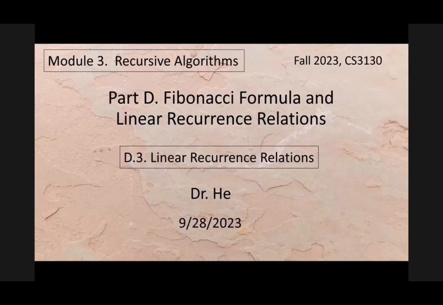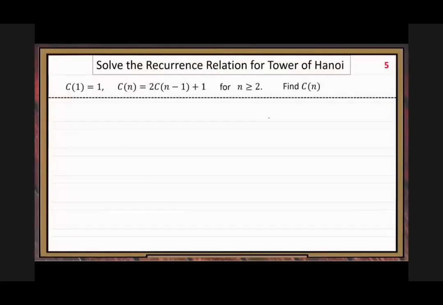Before we do that, here I want to solve a problem we left in the Tower of Hanoi problem. Remember? In the Tower of Hanoi problem, we derived a recurrence relation, this one, but we didn't solve it, right?